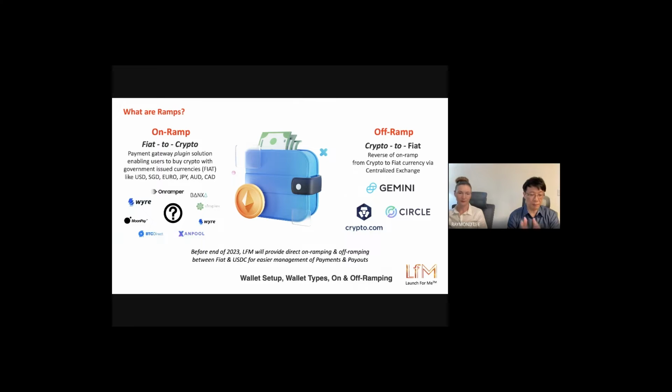So if you're selling some NFT to someone in the UK or in Australia or Singapore, it's not an issue at all because these are not sanctioned countries. Now, on the other side, when someone has bought that cryptocurrency and has now paid you in that cryptocurrency, how do you then change that cryptocurrency back into fiat again? So this is where the off-ramping comes in.